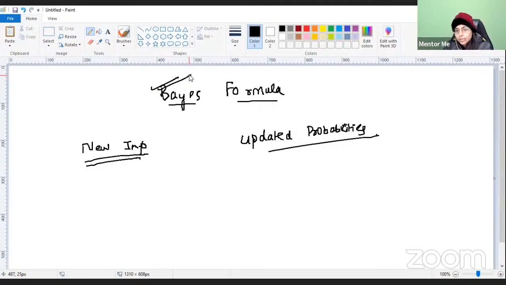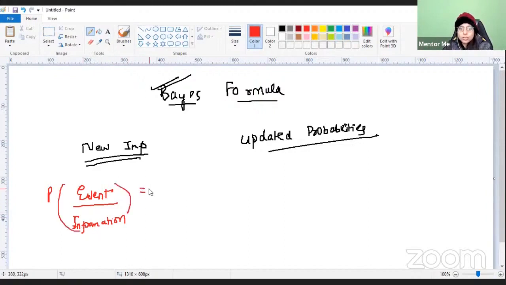Now how do we do that? Let's see. For that there will be some event, right? We want to calculate the probability of that event given the new information, right? So we want to basically calculate the probability of an event given the new information, for which we will be using the Bayes formula.